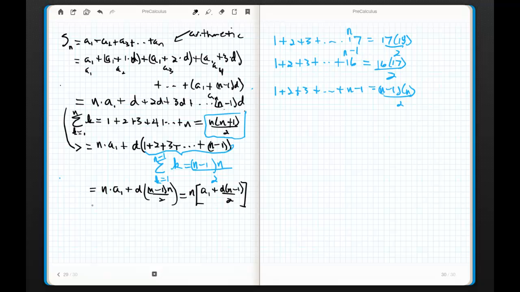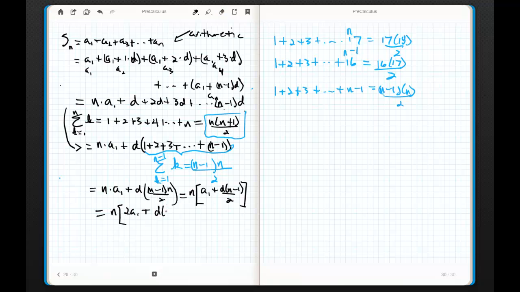Just kind of like I did before. Now, your author chooses to rewrite this guy. If I find a common denominator, this turns into n times 2a sub 1 plus nd minus d. You know what? I'm not going to do that. I'm going to leave that as d times n minus 1, because otherwise it's just silly.